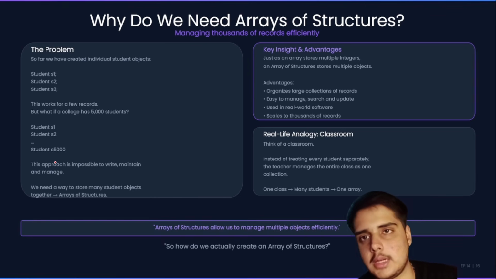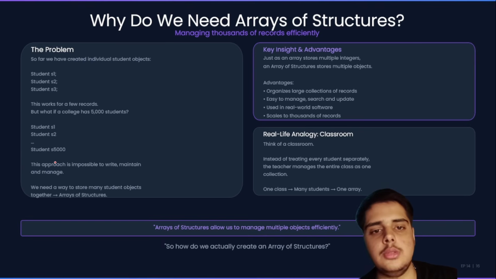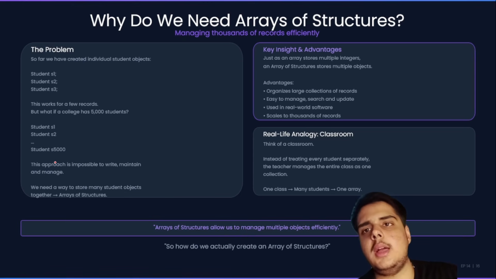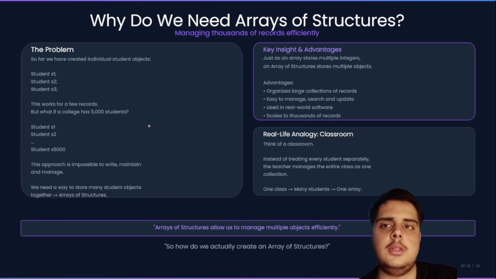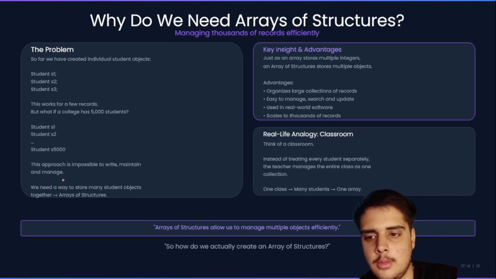That's not a practical way, and that's also not a good way to code. It's difficult and can take hours of my work. But with an array of structures, it is just 5 to 10 minutes of work. The earlier approach is impossible to write, maintain and manage.